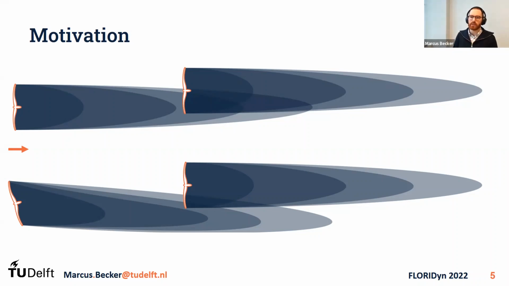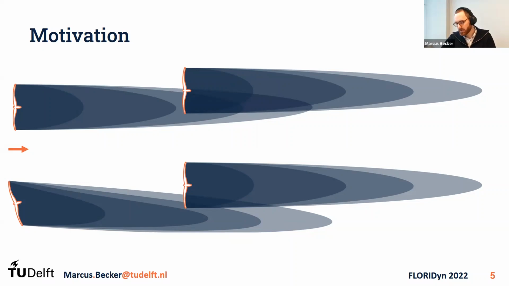This is something that engineering models have had quite some success with. Mainly FLORIS, which is the flow, redirection, and induction in steady state model. And these predict how these wakes will behave based on analytical equations, which are very fast to compute. So in a short time, we can find good set points for our wind farms.